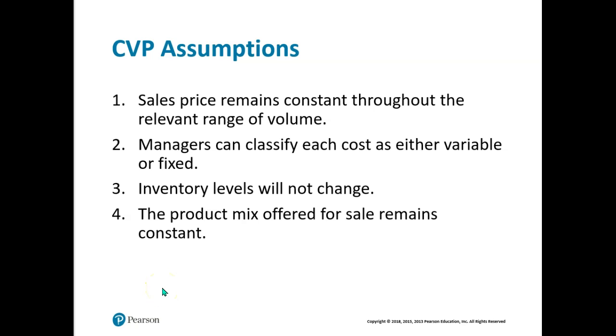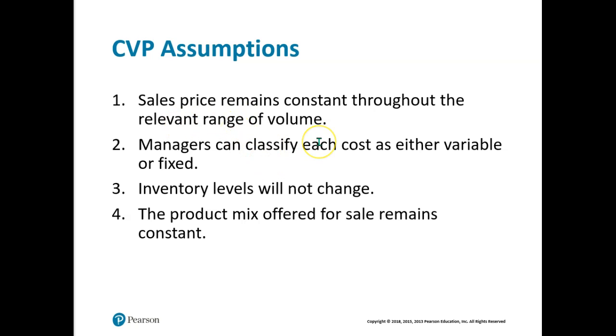Now, cost, volume, profit has some assumptions that are actually pretty tight, but you've got some variance. Even if you come up with an estimated cost, volume, profit analysis, you should have some confidence level that your numbers are pretty good. At least they're in the ballpark. But this would assume that the sales price remains constant through the relevant range.